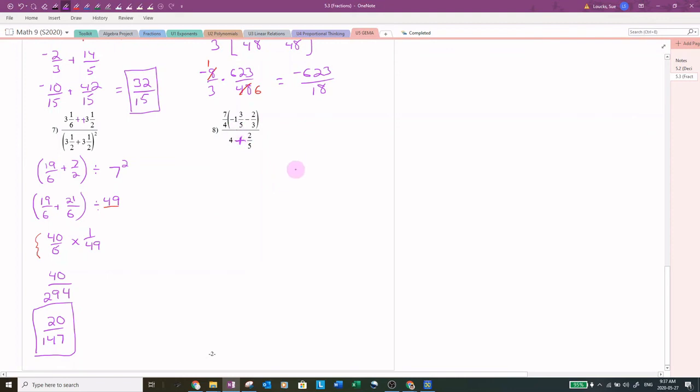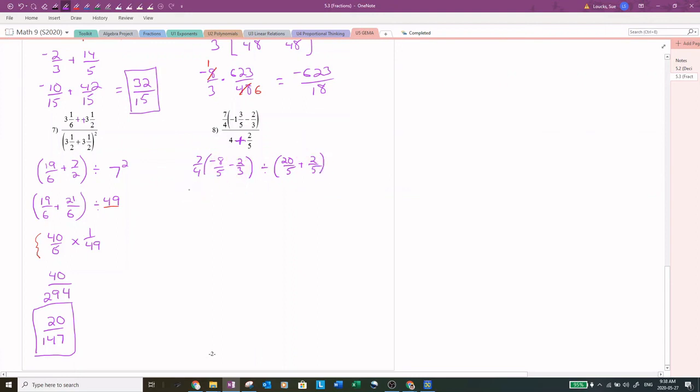Okay, so I have 7 over 4 times 5 plus 3 is negative 8 over 5 minus 2 over 3 divided by bracket. And I've got 4 plus 4 and 2/5, so this 4 is 20 over 5 plus 2 over 5.